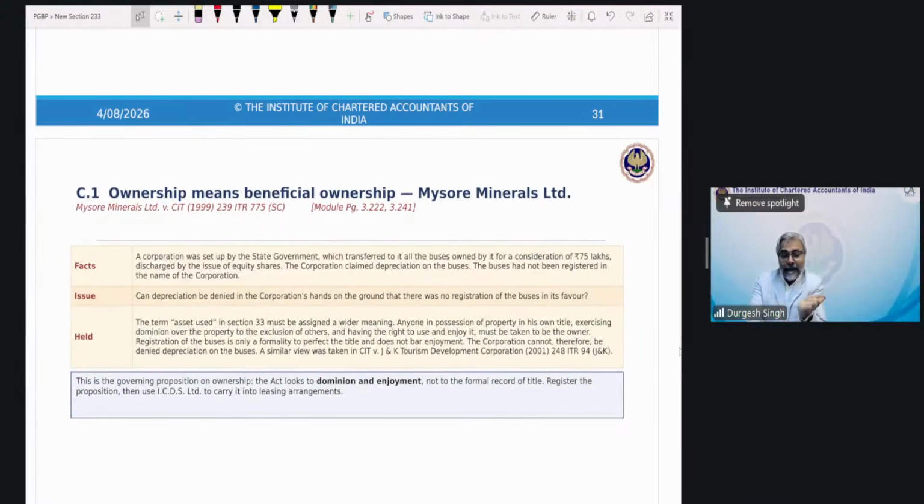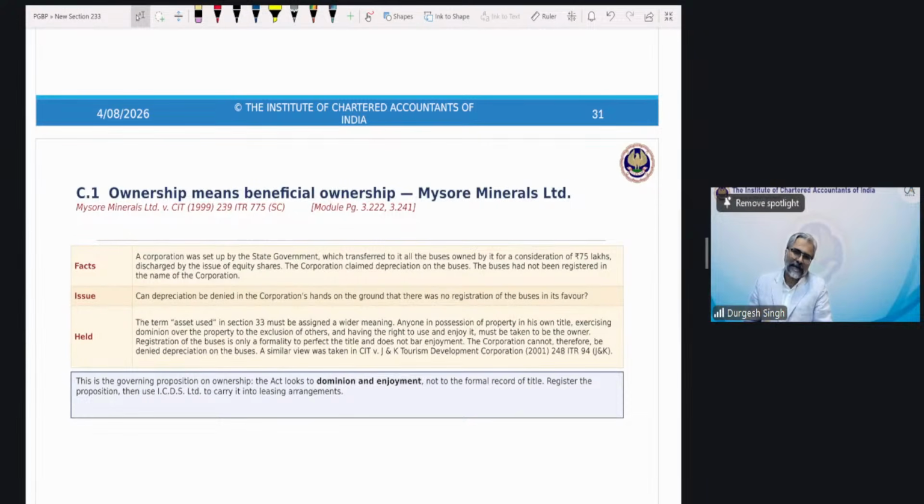Then the state government did the registration of those buses. As you may be aware, students, registration is a very cumbersome exercise. Do you all agree? Registration of second-hand buses becomes a very cumbersome exercise. Therefore, what happened was that they failed to do the registration.